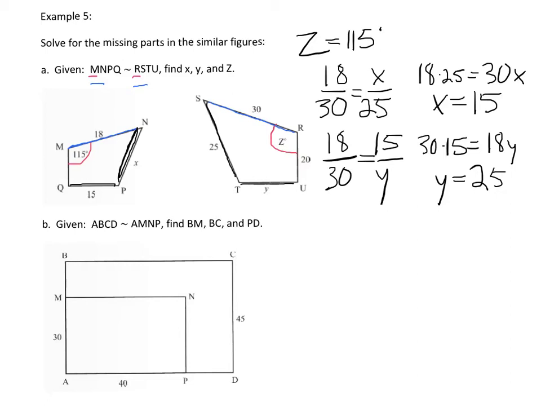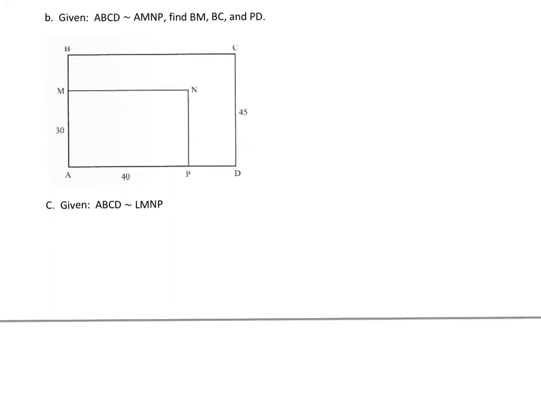Let's do another example. Here we're given two what look like rectangles, or quadrilaterals, I guess, just to be safe, that are similar. So ABCD, that big rectangle, is similar to AMNP. So it wants me to find some pieces of the side lengths.